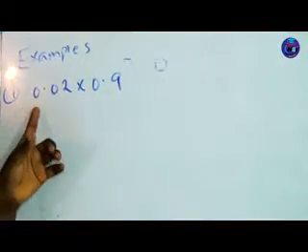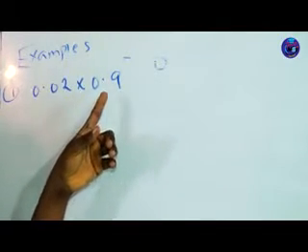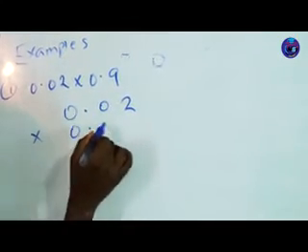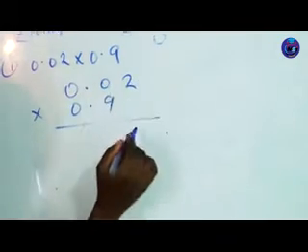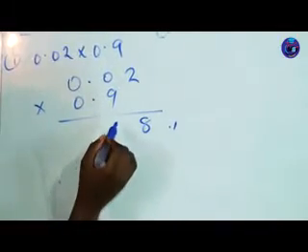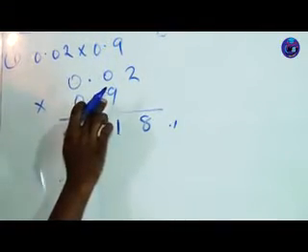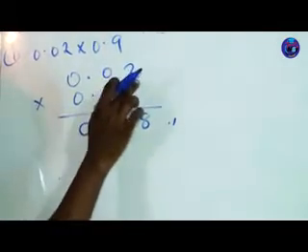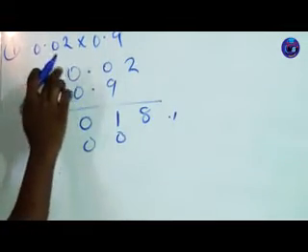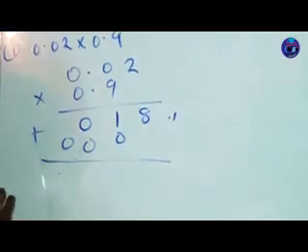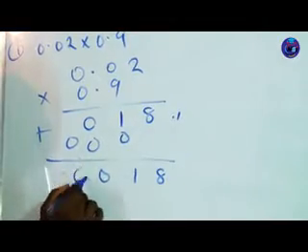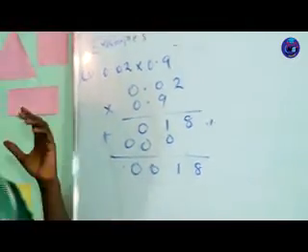The question is 0.02 times 0.9. 9 times 2, 18, lift 1. 9 times 0, 0 plus 1, 1. 9 times 0, 0. 0 times 2, 0. 0 times 0, 0, 0 times 0, 0. Now we add up 8, 1, 0, 0.